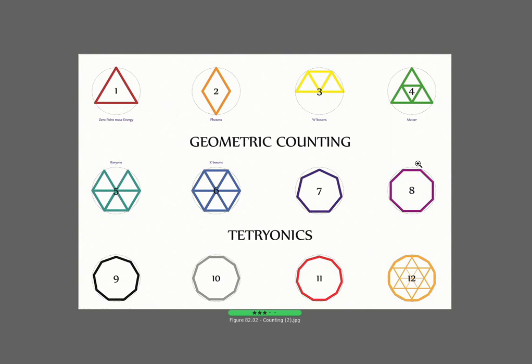But as we add increasing numbers to the external geometry of each circle, we find a few numbers that can't be represented using equilateral geometries because they are non-equilateral in themselves.